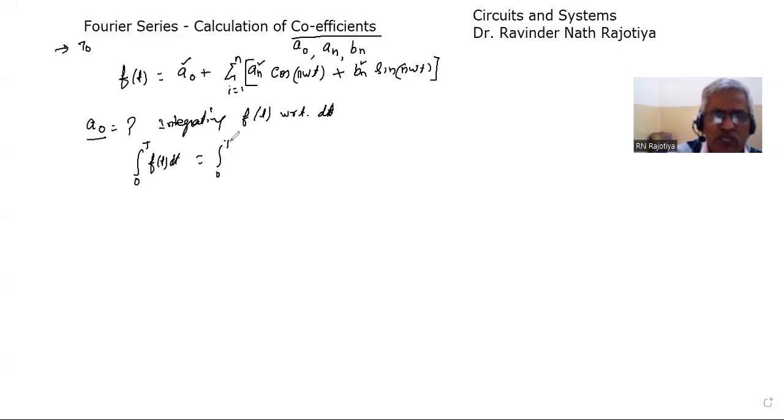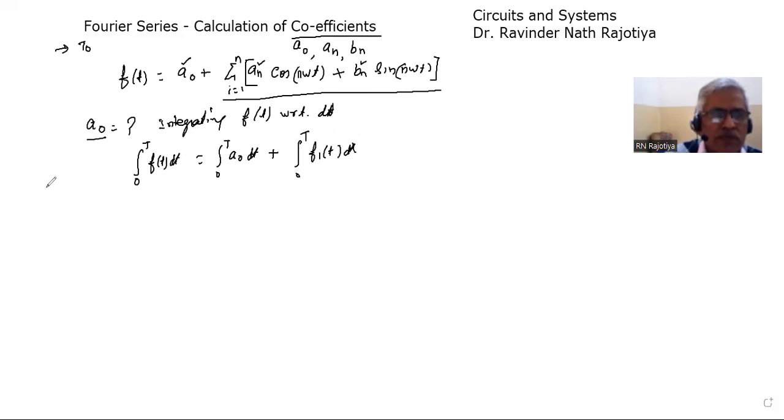So 0 to T of a0 into dt, plus, let's assume that the summation of the sines and the cosines is equal to some function f1 of t, so plus integration from 0 to T of f1 of t into dt.